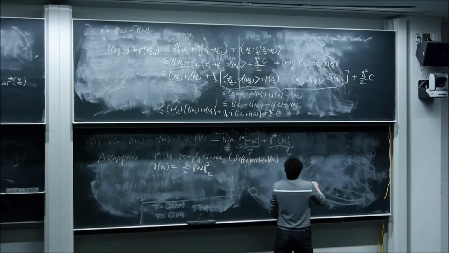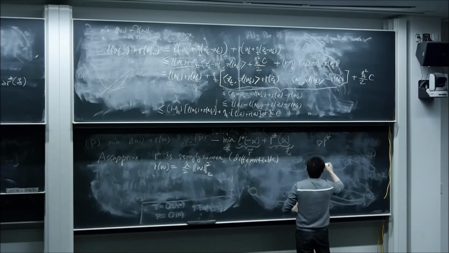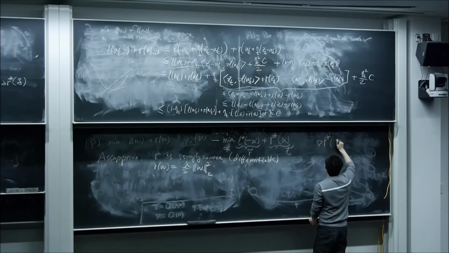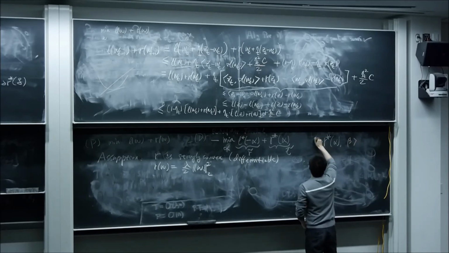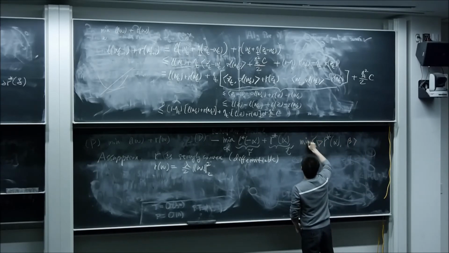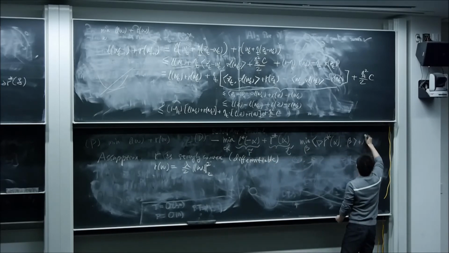What you'll get is, in each step, you're going to take a gradient of your loss, which is the Fenchel conjugate of the regularizer, and you're going to find a beta, and you have a regularizer, which is the Fenchel conjugate of your original loss.